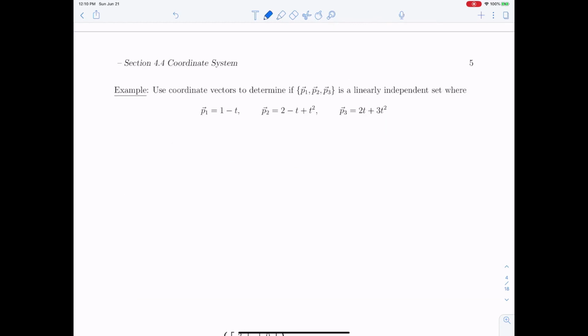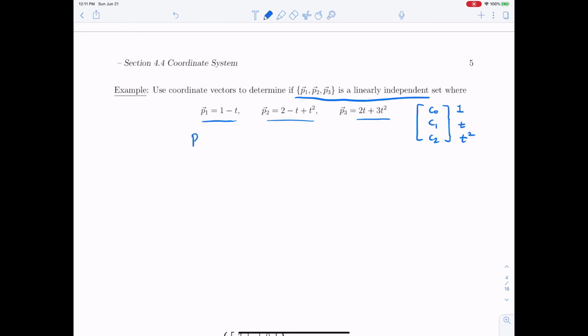So this problem is about verifying the given set is linearly independent using the coordinate vectors we have defined above. Basically, these are polynomials of degree at most 2. So we can regard each as an element of R3 such that the first row corresponds to the constant term, the second row corresponds to the coefficient for t, and the last one to the coefficient of t squared.